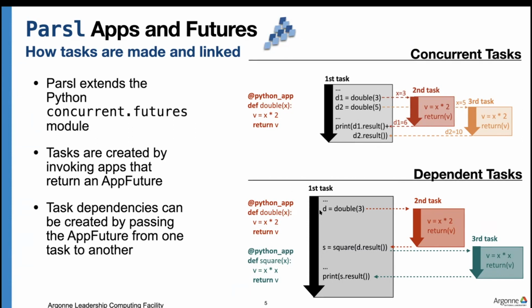So if you have, again, double, and then you pipe the result of double into another function, square, that will create a serial chain of tasks executing, okay? So this future cannot be created until the result of the previous future is returned. So we chain results like this.